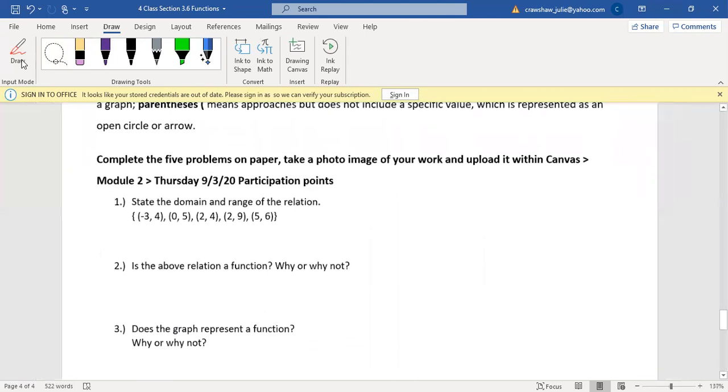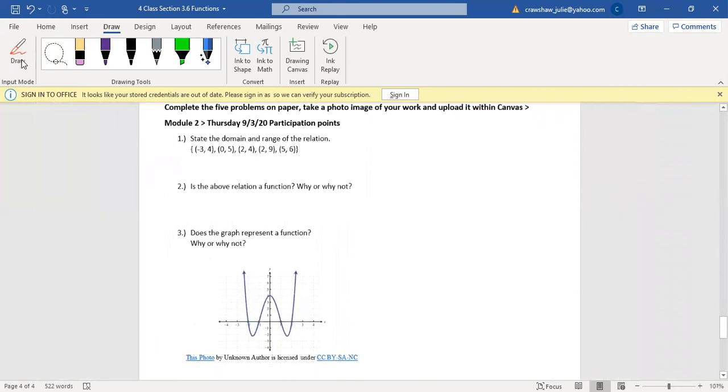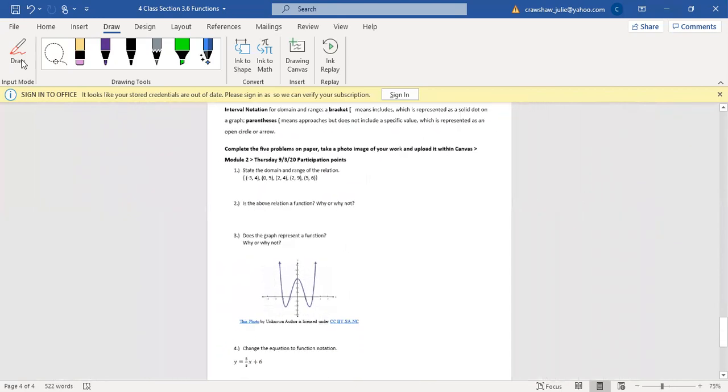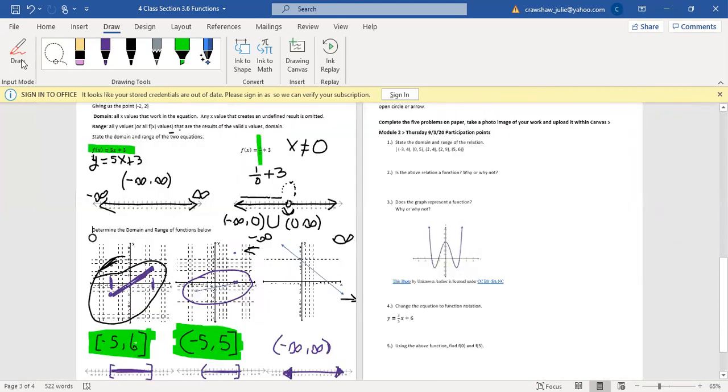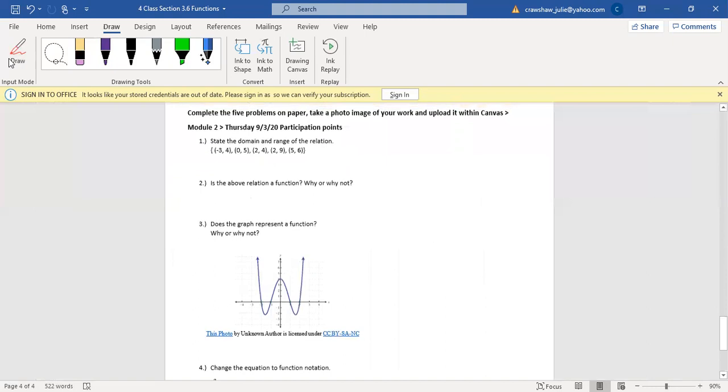So now your 5 problems that I'd like for you to complete. There we go. I was thinking it was going to be on here that you'd be able to see them all.